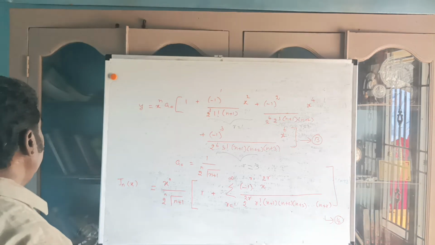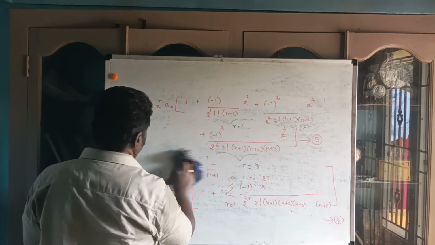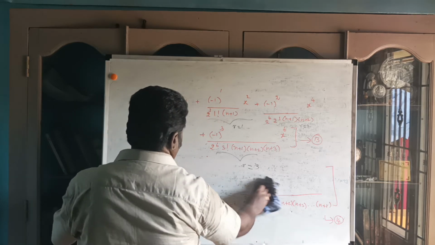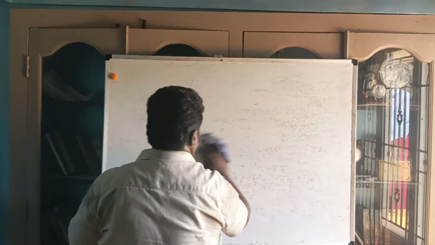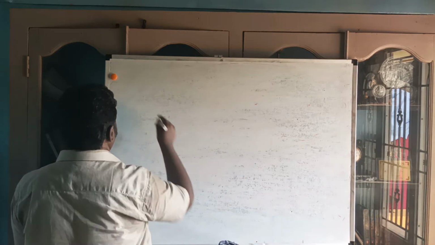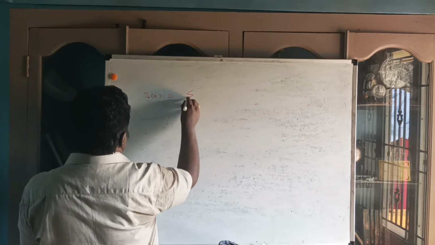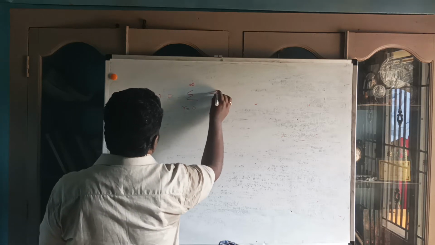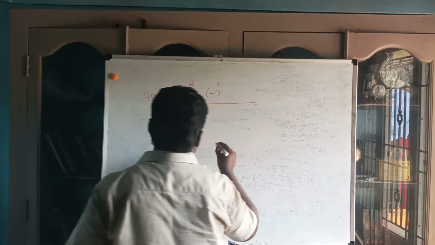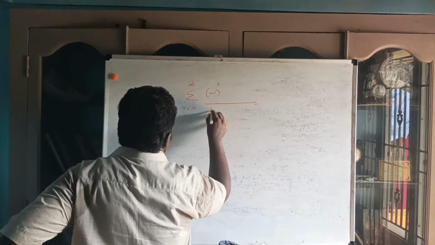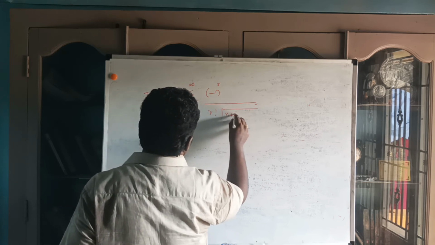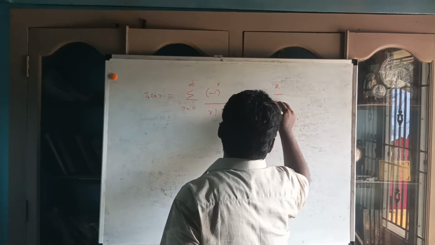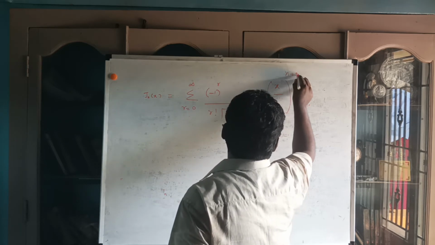Then we can write the form Jn of x, which is equal to summation over r equal to 0 to infinity of minus 1 power r divided by 2 power r factorial, gamma of n plus r plus 1, into x divided by 2 into n plus 2r.